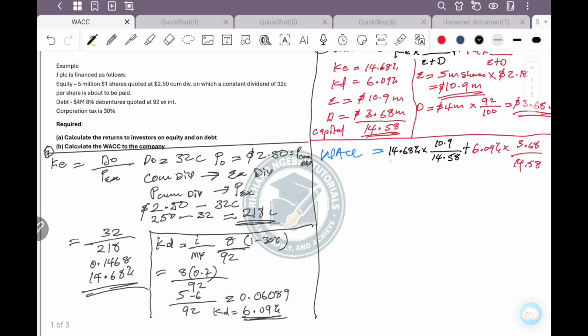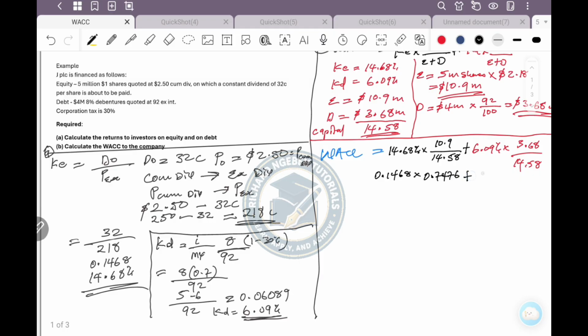Okay, so this 14.68% will be 0.1468 multiplied by 10.9 divided by 14.58, it will be 0.7476, rounding up to 4 decimal places.